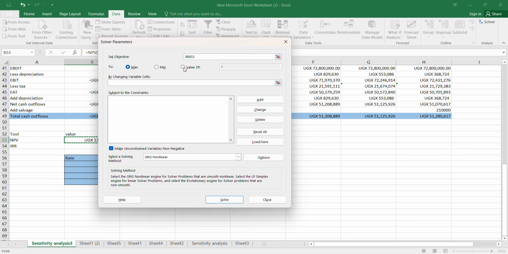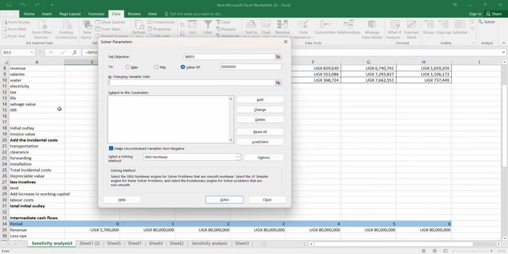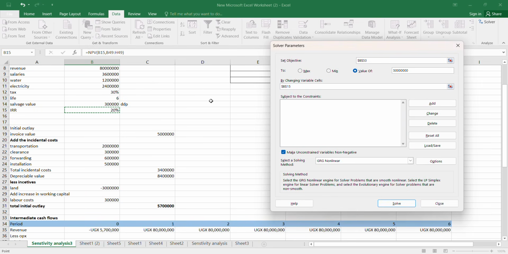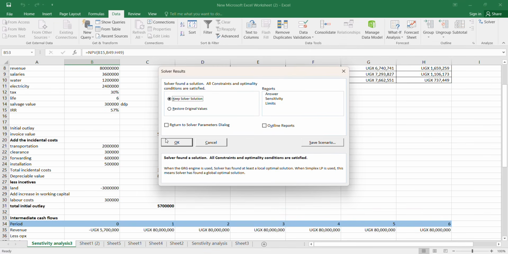Then you set the value to 50 million. By changing the variable cell, which will be our former IRR, which was 20, then you press solve, and you press OK.